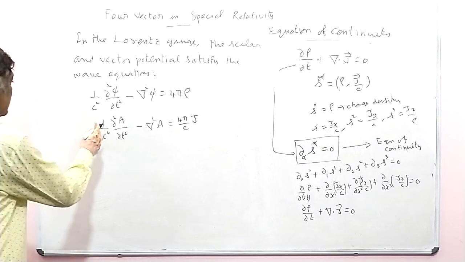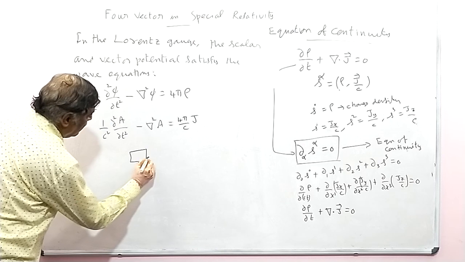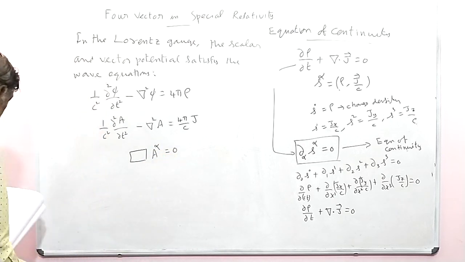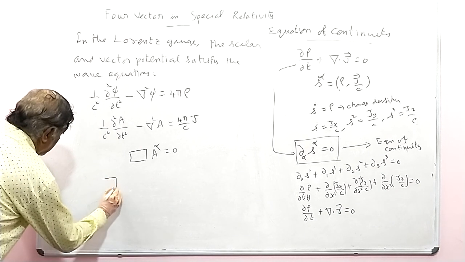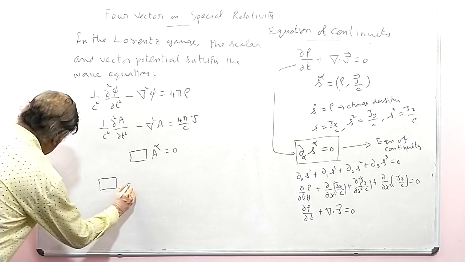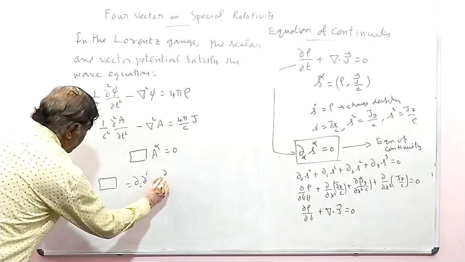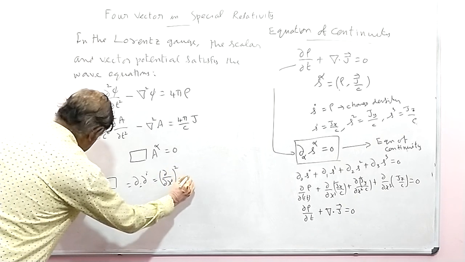So this can be expressed by the D'Alembert's operator acting on A alpha equal to 4 pi by c S alpha, because we have already mentioned this operator. We have already shown that this is equal to d by dx naught whole square minus del square.